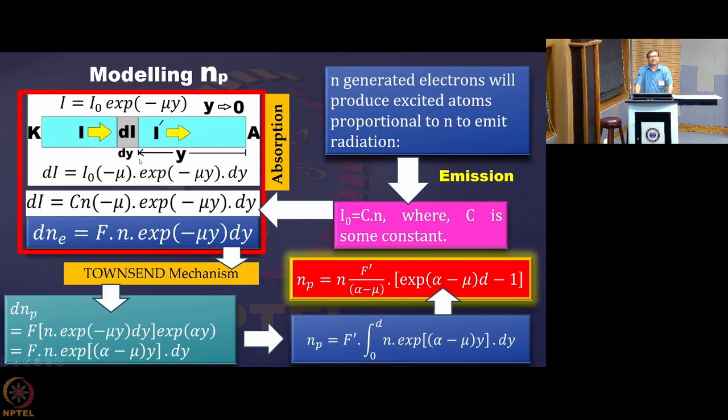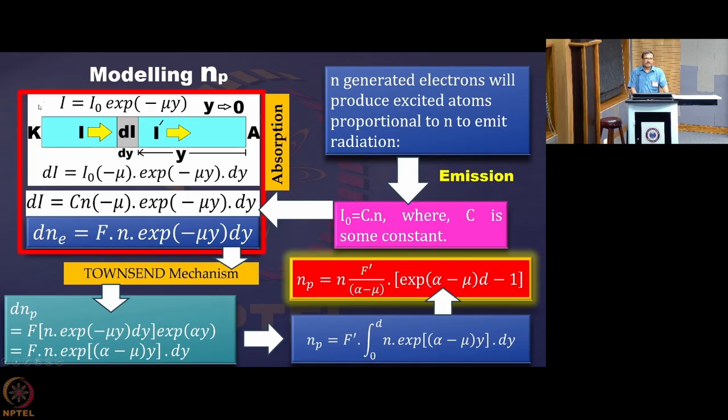Now the decrease in the intensity you can calculate as dI. If I equals I0 exponential minus mu y, which is the typical relationship of intensity as a function of distance when absorption is occurring, so if y is the distance it travels, then it gets reduced to I equal to I0 exponential minus mu y, where mu is the absorption coefficient.